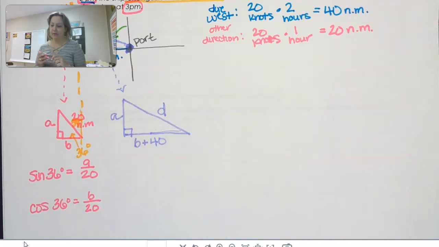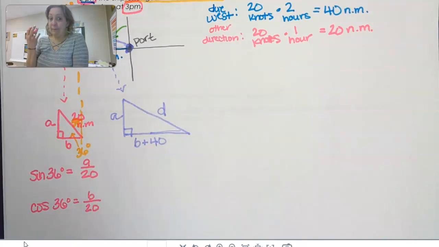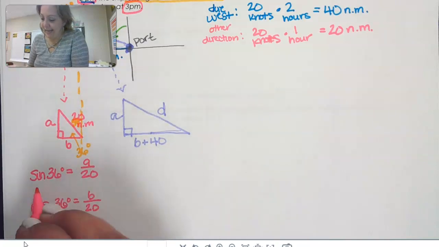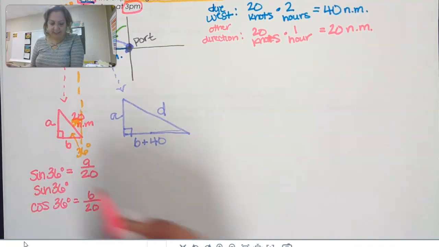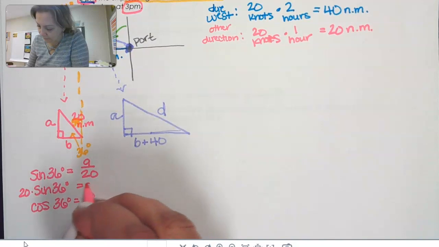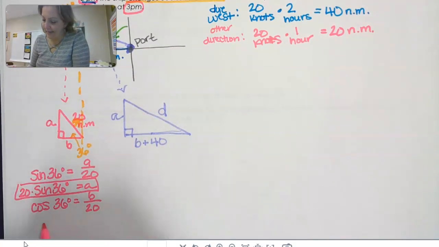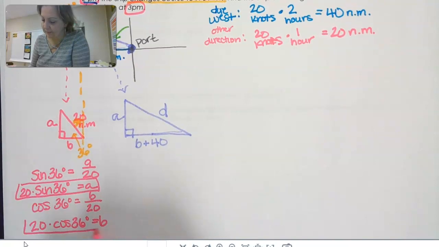And that means that we have measurements for A and B. A is the same as the sine of 36 degrees times 20, and B is 20 times the cosine of 36 degrees.